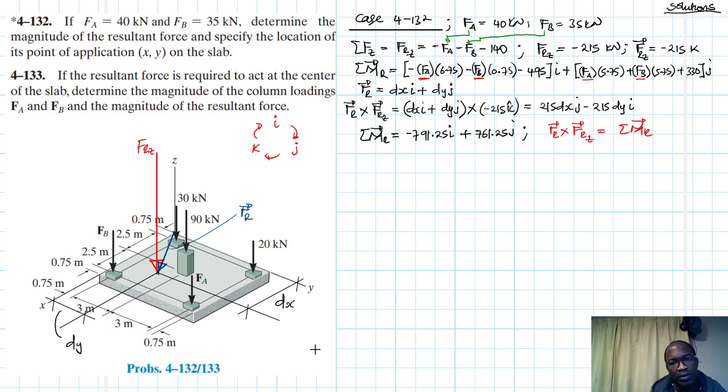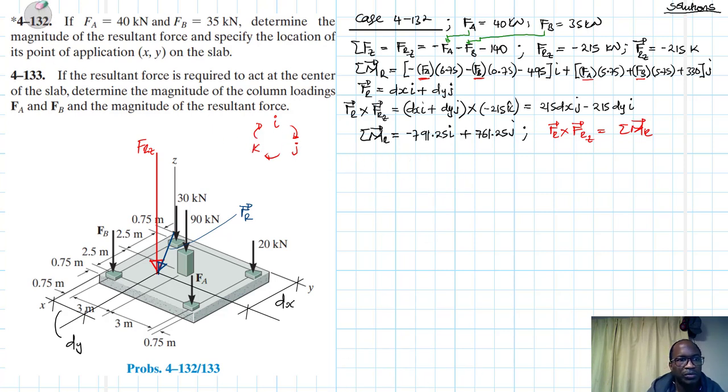So now we have to equate the two. So we are equating this part, we place it there like so, and we say equals. Let's write it properly.